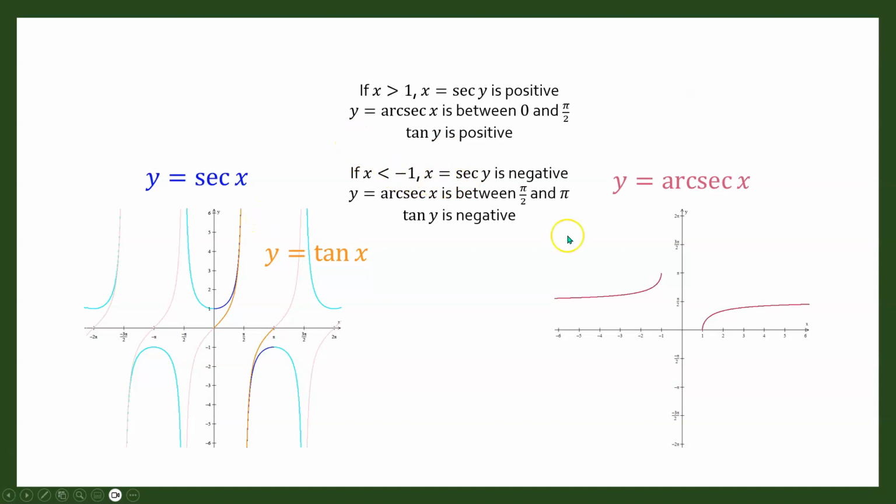The other possibility: if x is less than negative 1, the arcsecant of x is an angle between pi over 2 and pi, and the tangent of an angle like that is negative.